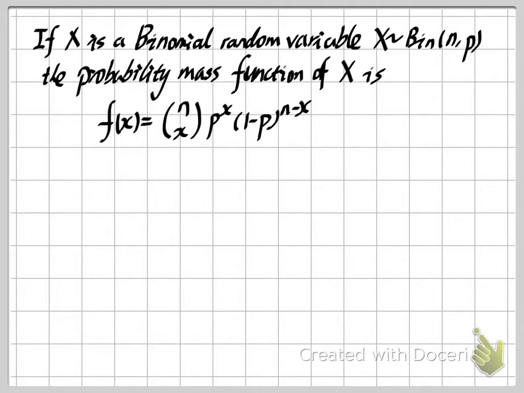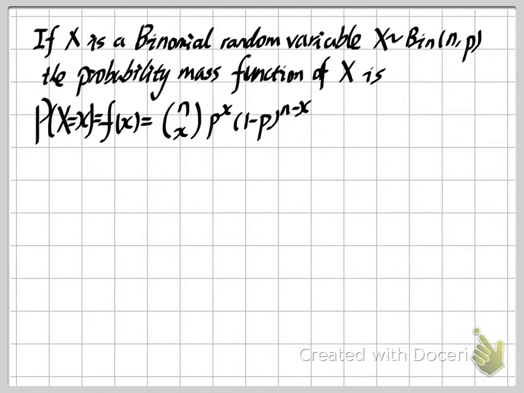In this situation, the probability mass function is giving us the probability when capital X equals small x. This gives us the combination n choose x times p to the power x times (1 minus p) to the power n minus x, right?